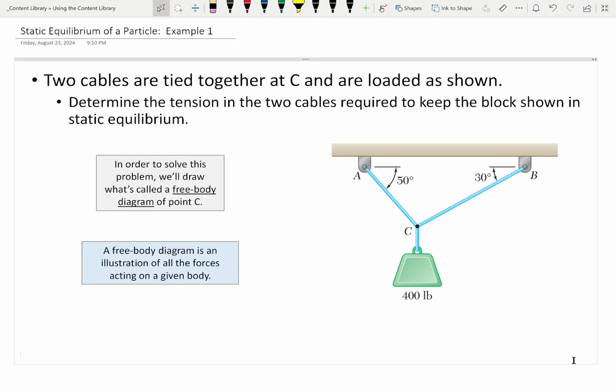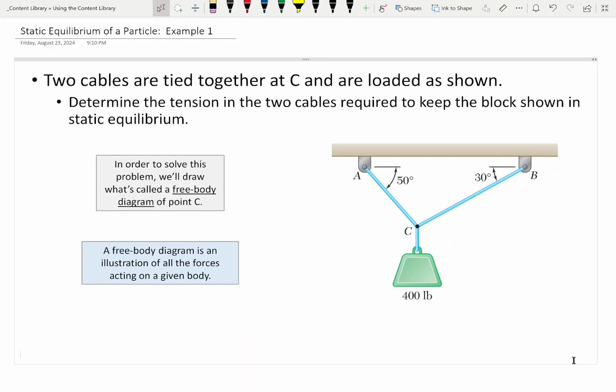This cable we'll call AC, and this cable BC. What we're going to do is determine the tensile force in this cable and in this cable to keep this block in static equilibrium. In other words, we want the block to sit still.